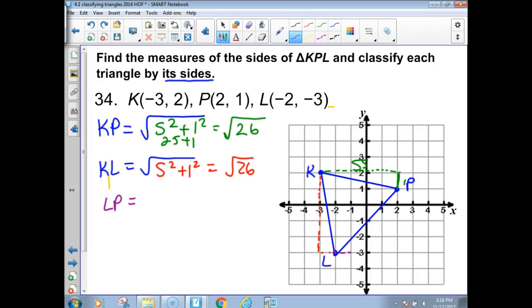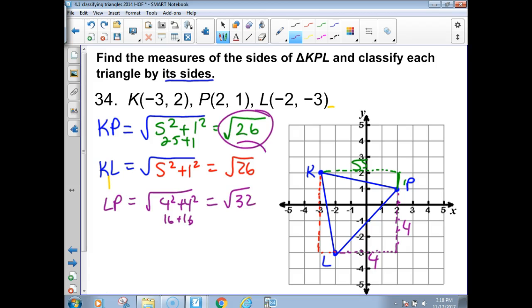So then I go like this. Count over from L to P and up. And that's 1, 2, 3, 4. And going up, 1, 2, 3, 4. So that's the square root of 4 squared plus 4 squared. And that's 16 plus 16, which is square root of 32. Uh-oh.